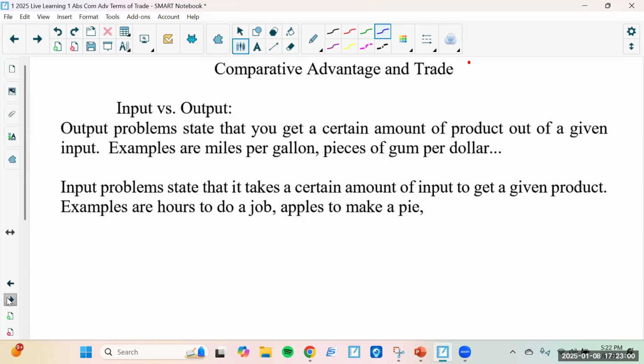For example, Ford is really good at making cars and pickup trucks. Why don't they make water bottles? Well, because if they make water bottles, they can't use that same factory to produce cars. There's an opportunity cost here.